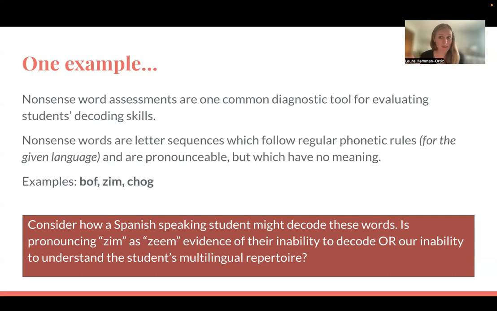And this is just one example of a diagnostic tool that's often used to say that a student is failing at reading, doesn't have some essential reading skills, needs some additional targeted phonics supports. When in reality, what the student might need is just broader, more contrastive analysis, broader exposure to a wide variety of texts, opportunities to read in meaningful ways. Yes, phonics support might still be useful, but we're not diagnosing correctly if we're not considering their full repertoire, right?